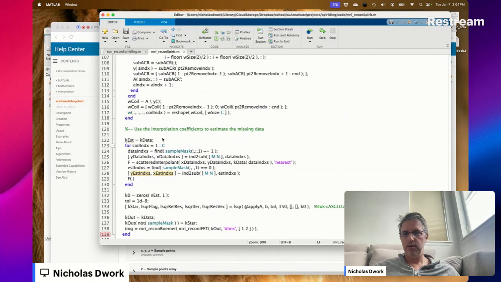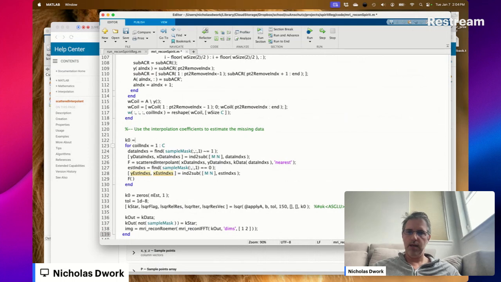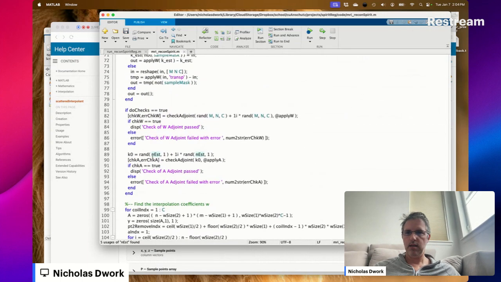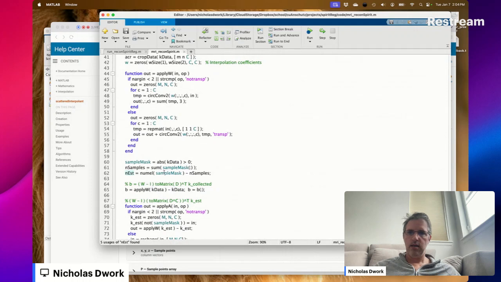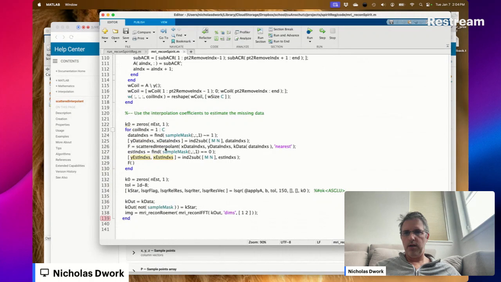Here's what I'm going to do. K naught is equal to zeros and est, 1. What is n est? Ns is for all coils.